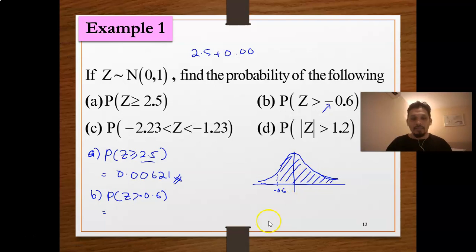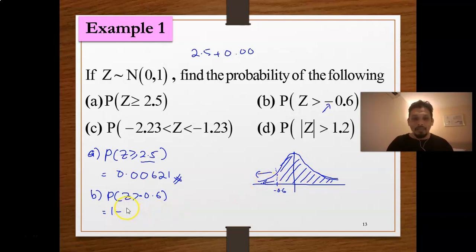So the whole area from negative to positive infinity, the whole area is equal to 1 minus the area on the left side of this, the area without the blue line here.